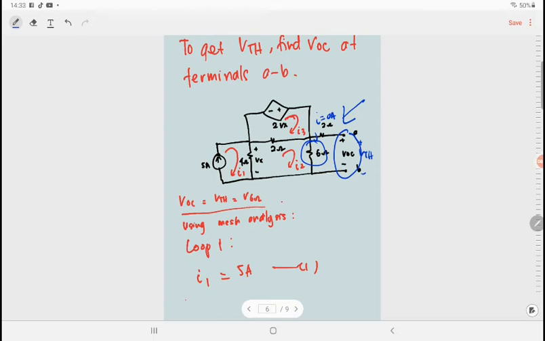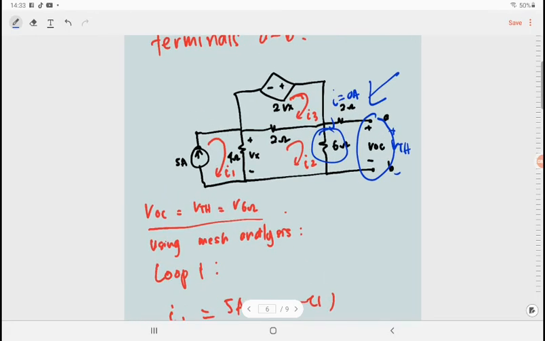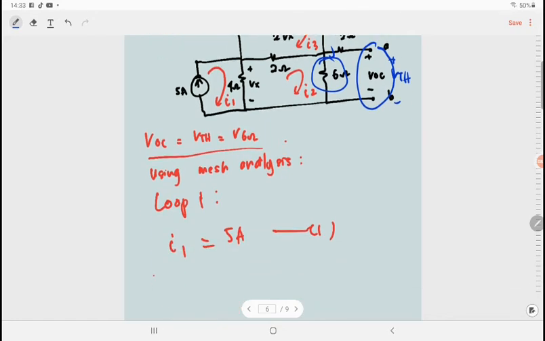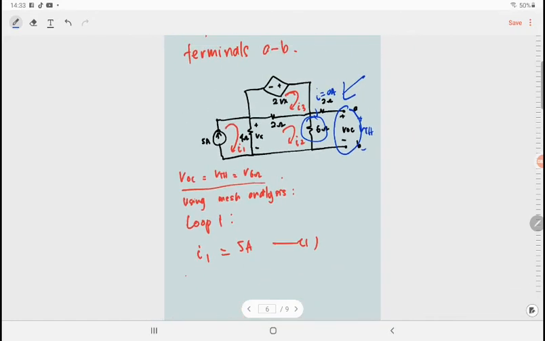We use the same method, which is mesh analysis. I already put I1, I2, and I3 over here. From loop 1, I1 is actually equal to 5 ampere. Next we go to loop 2.